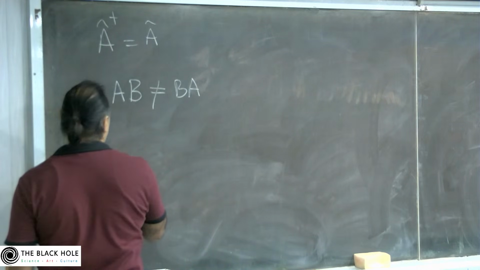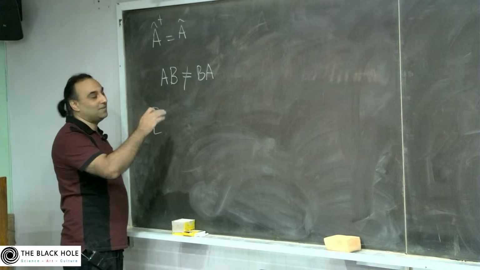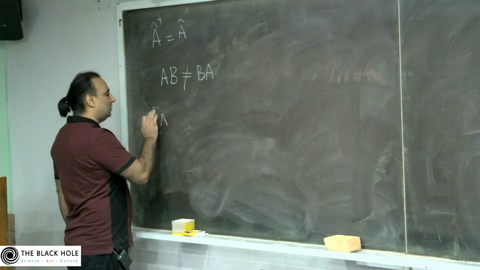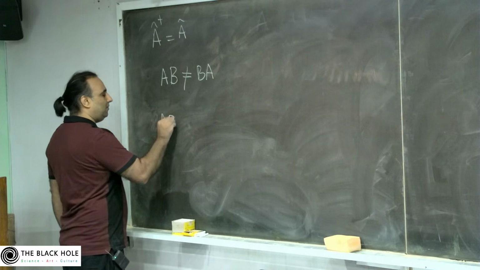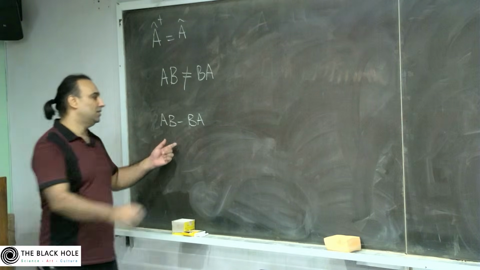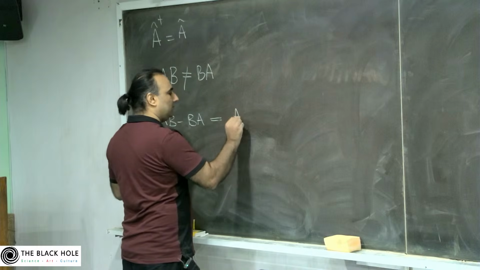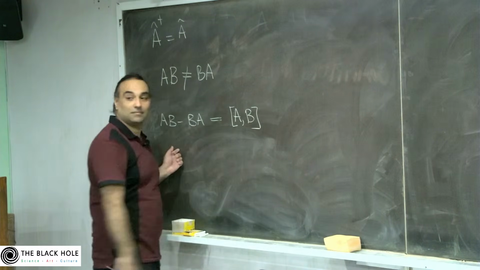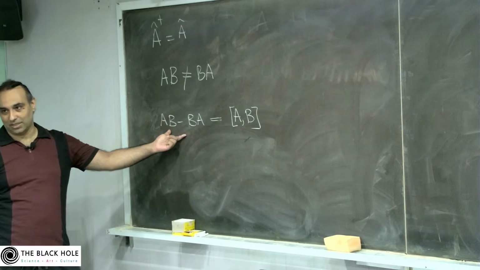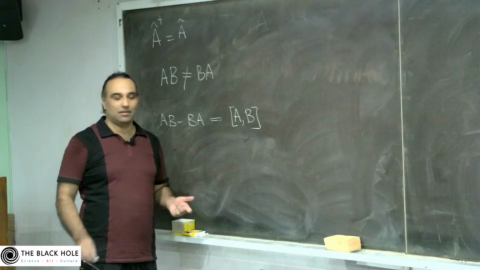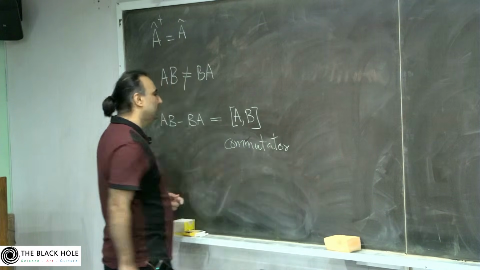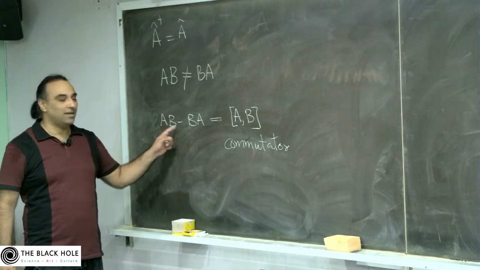We can use another symbol to represent their difference. If they are not equal, there must be some non-zero difference. So AB minus BA, let's call this quantity, just a symbol to represent it, the commutator. So this is a commutator between A and B.